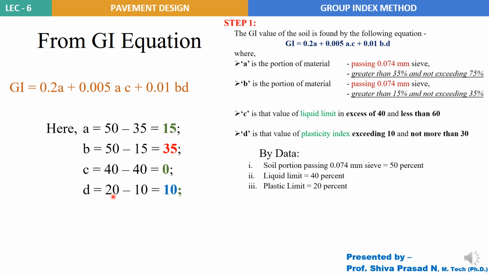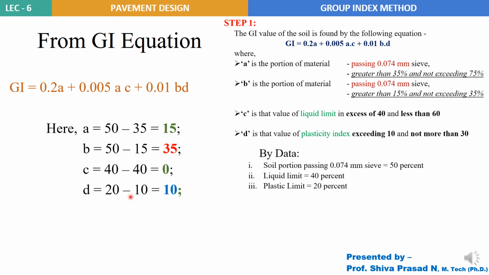We have got its value as 20. This is the plasticity index. So D is that value of plasticity index exceeding 10 and not more than 30. Exceeding 10, so above 10, how much more is it? So 20 minus 10 works out to be 10 again. So the D value is 10.